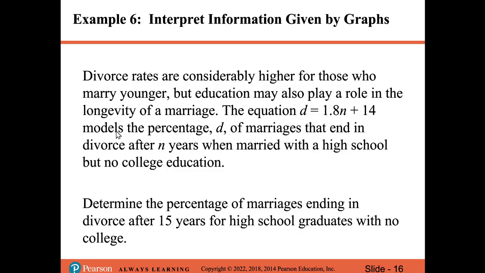It models the percentage D of marriages that end in divorce after n years, for marriages with a high school but no college education. So determine the percentage of marriages ending in divorce after 15 years for a high school graduate without a college degree, okay, with no college.